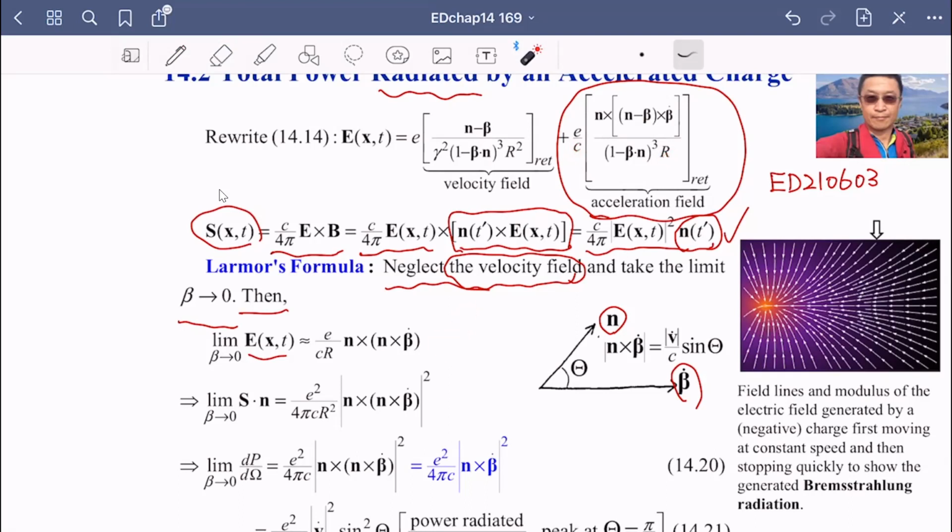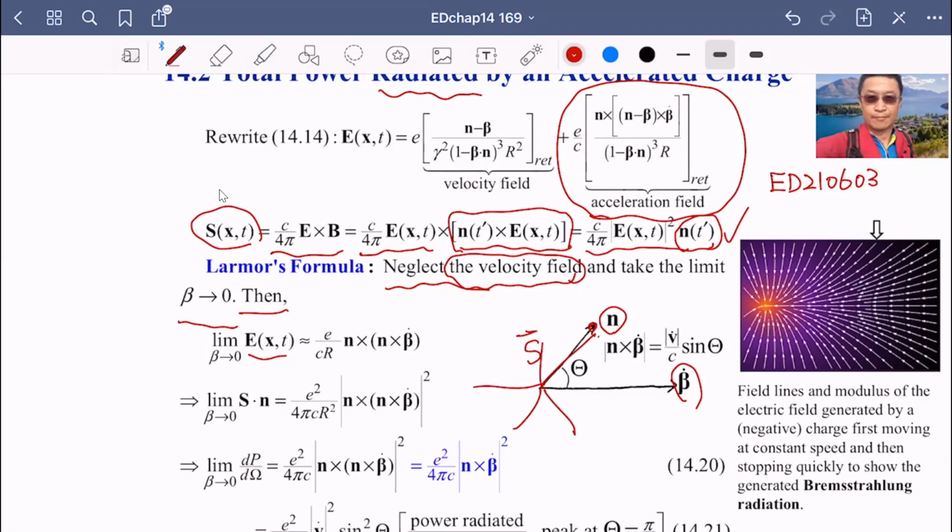Yes, correct. So the Poynting vector S dot n is radiated from this point, and we have the Poynting vector S in outer space.